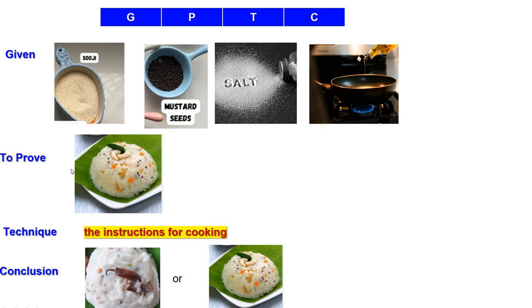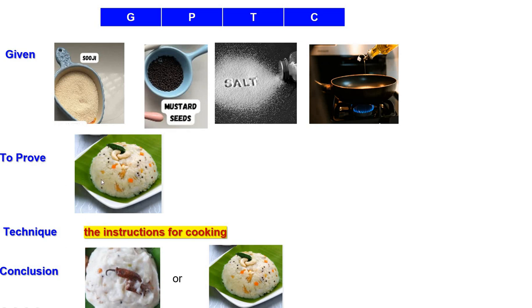What is to be proved is that I need to make upma, right? Now, what is the technique here? The technique is the recipe, the instructions for cooking this rava upma. Unless you know this technique correctly, you cannot conclude your aim.